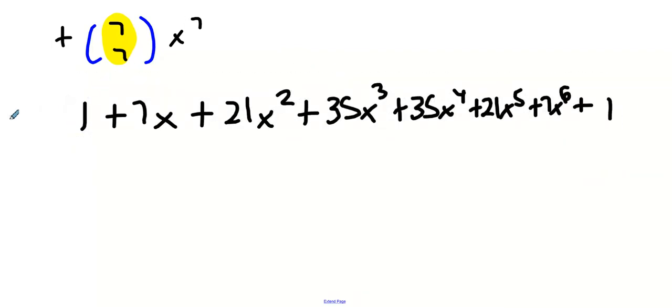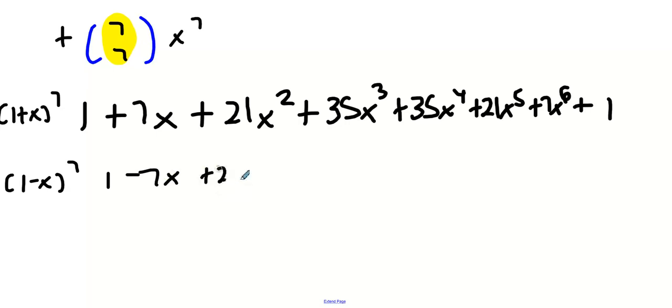So, yeah, I think this one's 1 plus x to the power 7. Okay, now we're going to go for 1 minus x to the power 7. You alternate.